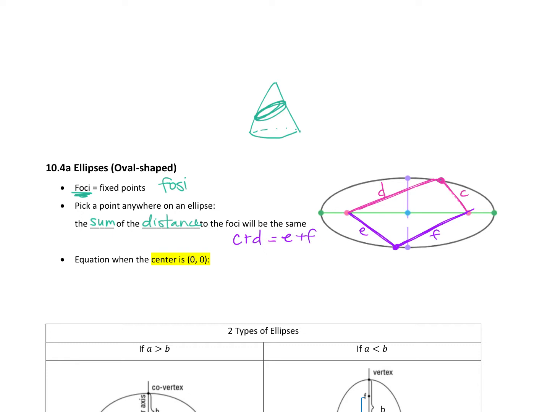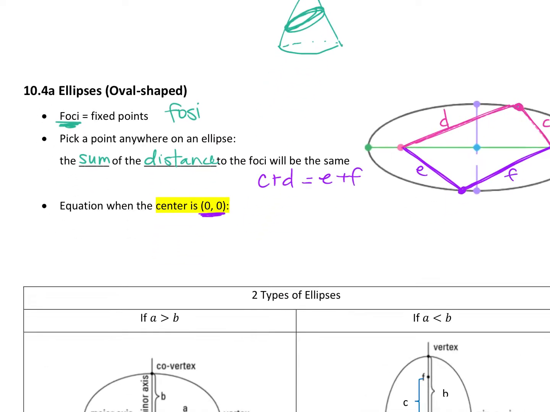Okay, so here's your new equation. And for today and tomorrow and the next day even, we're only gonna do centers of 0, 0. In 10.6, then we'll move some things around a little bit and you'll have an h, k center instead. But for today and for the next few days, we're gonna focus on when the center of our ellipse is 0, 0, which is really quite nice.